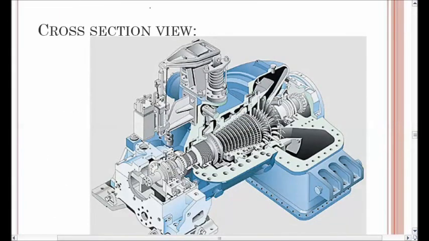So let's see the cross-section view of a rotor. Here we can see multiple stages, again with a shaft running through it.